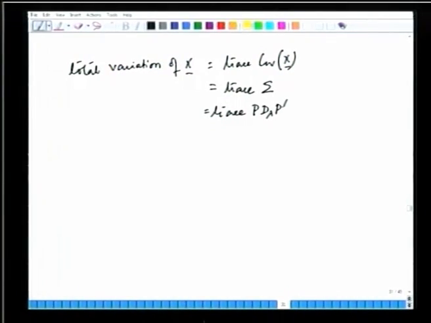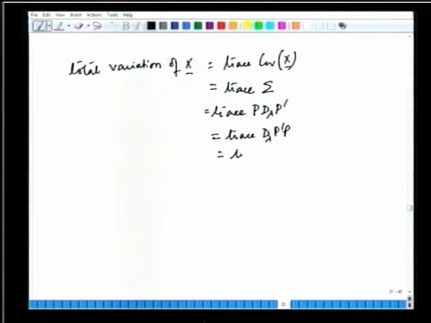I am again using the spectral decomposition of sigma, and I am using the fact that trace of AB is trace of BA. So, this is nothing but the trace of D lambda P prime P. Now, P prime P being an identity matrix, I have to consider only the trace of D lambda, which is again equal to the sum of lambda i from 1 to p, giving me the proof of the first property, that total variation of y is in fact equal to total variation of x.